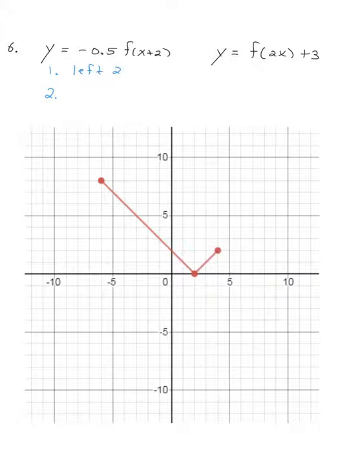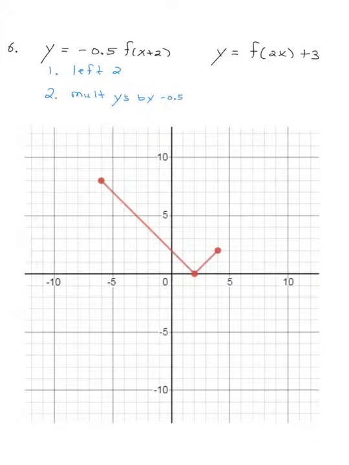And the second step is this multiplication by negative 0.5. I'm just going to do this in one step. The negative will flip the y value, and the 0.5 is going to cut it in half. But really, I'm just going to write down that we're going to multiply the y's by negative 0.5. I think that'll be good enough for what we're doing here.